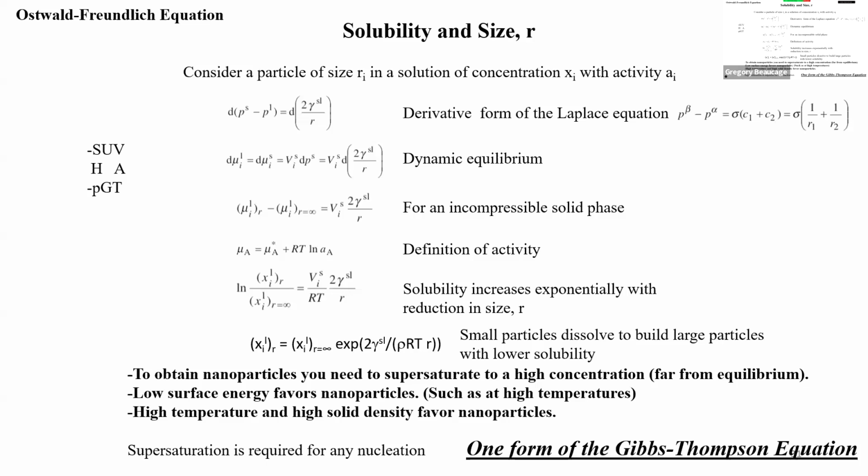Then this is the concentration game. So the Ostwald-Freundlich equation says, and this is the equation that was used to make photographic film with really small nanoparticles, right? They figured out that in order to do that, you need to have a deep quench in concentration.